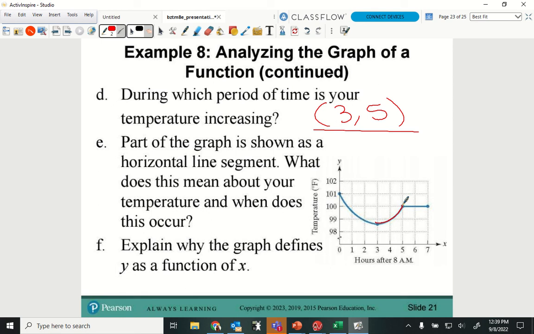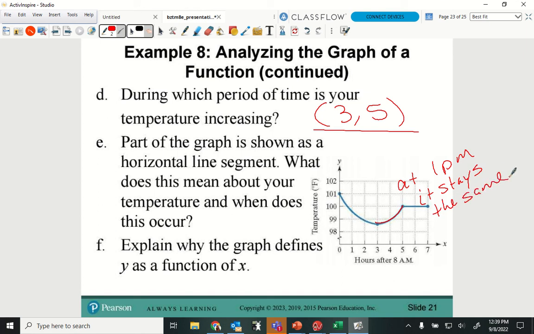Your temperature stays the same starting when? 5. Okay. 5 hours after 8 a.m. So what do you think that would be though? At 1 p.m. It stays the same.